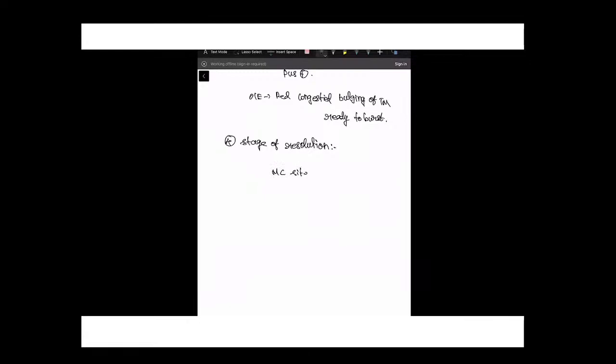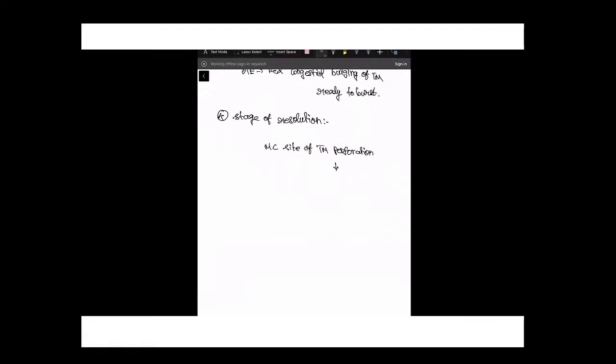The most common site of tympanic membrane perforation is going to be the antero-inferior quadrant of pars tensa.